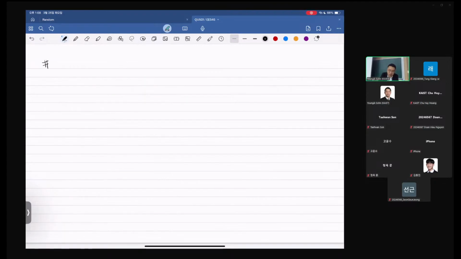So let's look into the details of what we were discussing. Change of basis first, represented by a unitary operator.